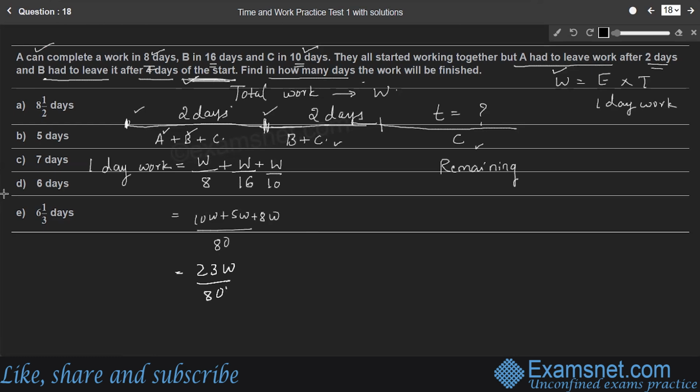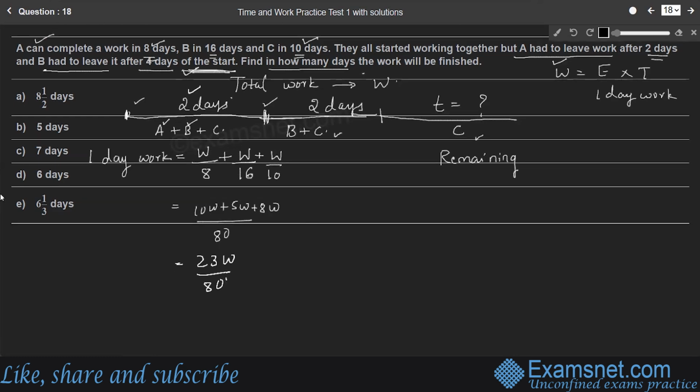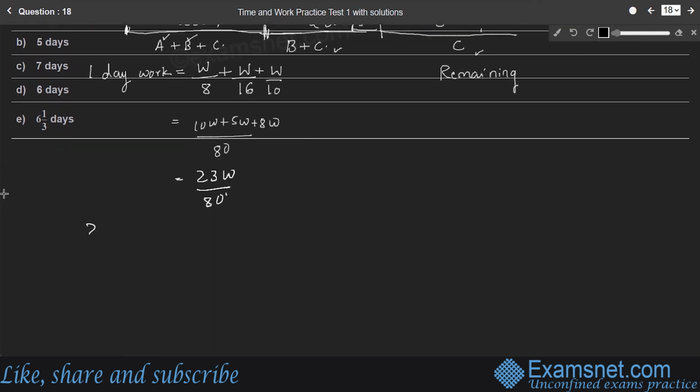But they work for 2 days, so we'll consider their 2 days work. Their 2 days work will be 2 into 23 by 80 of the total work. It becomes 23 by 40th part of the total work. So A, B and C, working for 2 days, can complete 23 by 40th part of the total work.